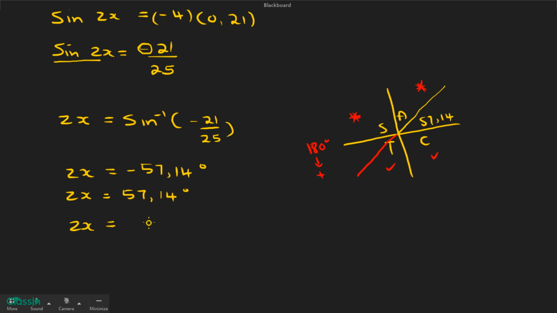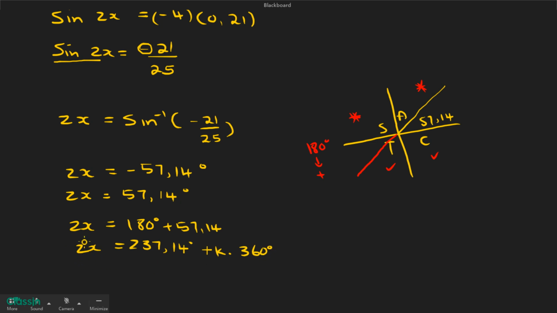2x is equal to 180 degrees plus 57,14, which is the same as 237,14 degrees, plus k multiplied by 360 degrees.